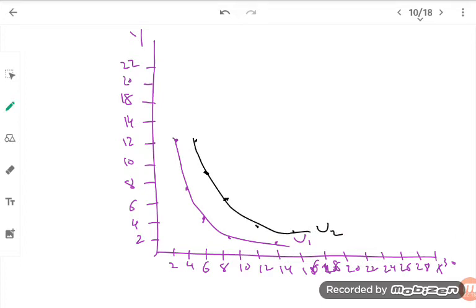Number 3: 8 and 15, 9 and 12, 11 and 9, 15 and 6, and finally 20 and 5.